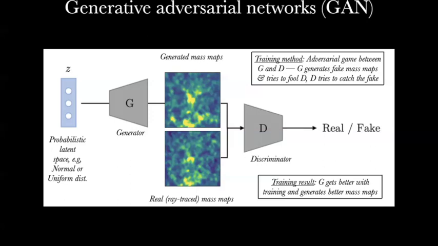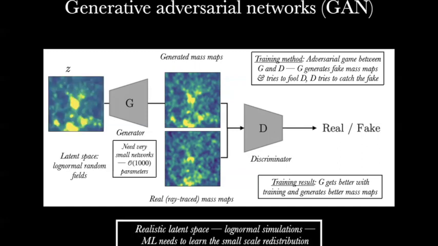Now, usually when people train GANs, the latent space that is used is a low-dimensional normal or a uniform distribution. But one change that we make in our method is that it doesn't have to be a low-dimensional space, but we can have the latent space, which are essentially maps drawn from a log normal random distribution with the same power spectrum that we want to generate.